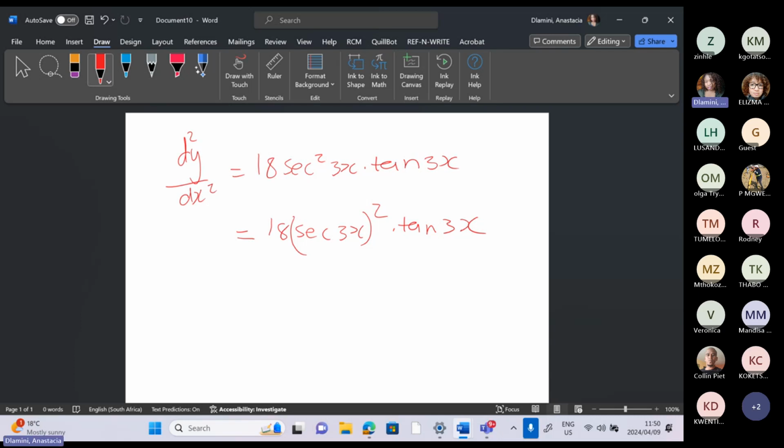Do you understand why we're not using the chain rule only? We are going to use the product rule, but when we are differentiating, there's some form of a chain rule here, because when we differentiate this function, that's when the product rule applies.